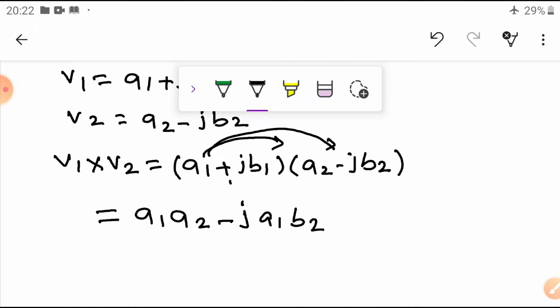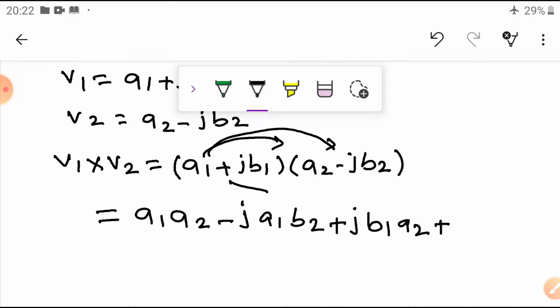Next, coming to this one, plus j B1 A2. Next, go to the other one. Here minus value coming, j into j square. j square is equal to minus 1. We are going to get positive 1, minus into minus is positive.